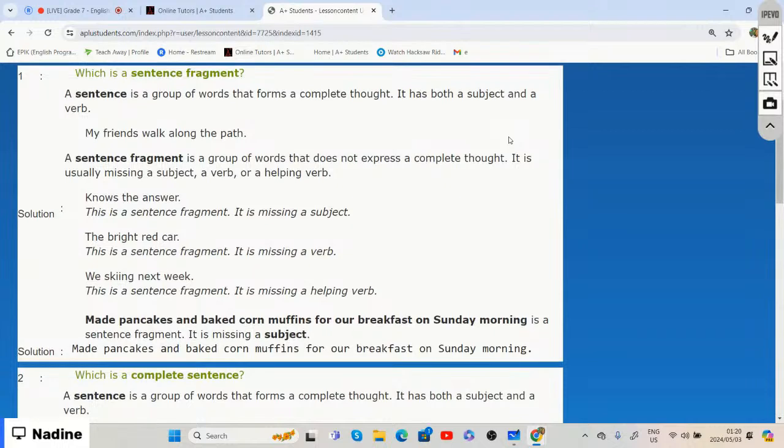So if we were to select an answer, we would say a sentence is a group of words that expresses a complete thought. And when we say it expresses a complete thought, it means that it has a subject and it has a verb.